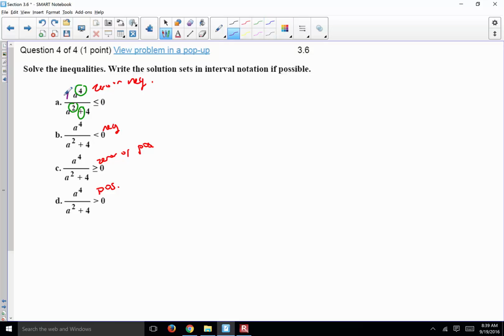So it's going to make this a positive number, and you're adding another positive thing, and you take the ratio of these positive things. I think this is always going to be positive. This left side is always positive, and they're asking me when it's going to be negative. Can it ever be negative?